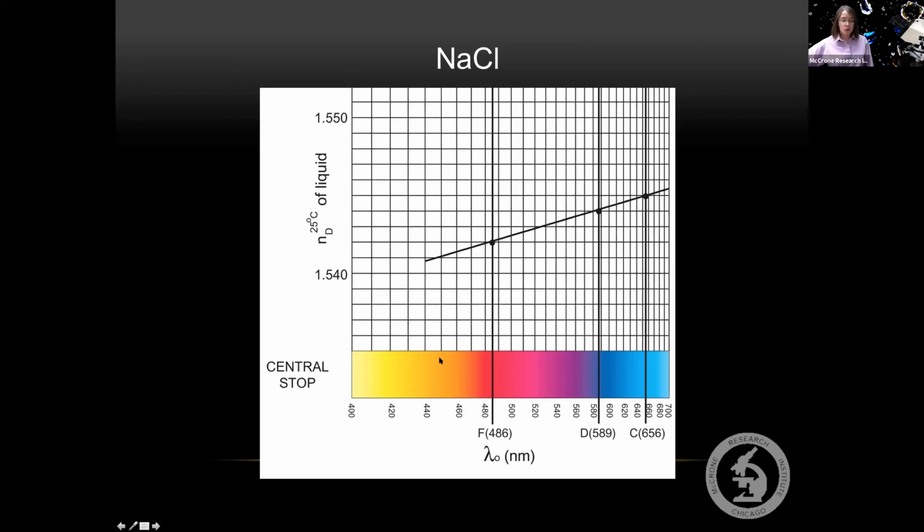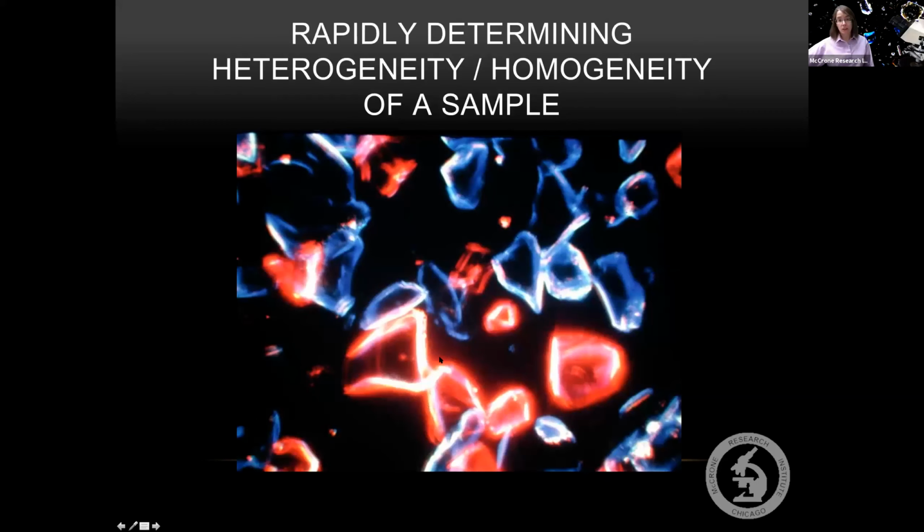So here's an example of what something like that might look like. Again, you can use it as a quick tool to tell whether you have something that's heterogeneous or homogeneous. So if this happened to be a mixture of sodium chloride and something else, we would know that if this was in our 1.542 liquid, any of our red particles, those would be our sodium chloride.